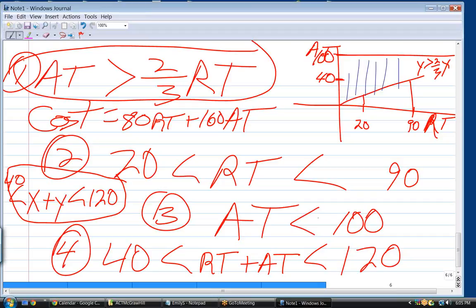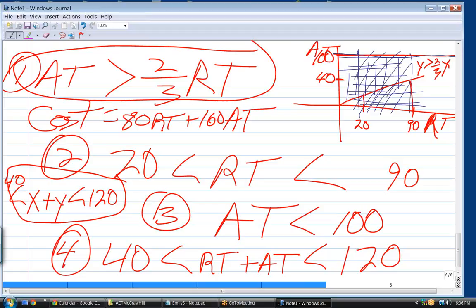Okay. If we go down, inequality number 3 is artificial trees have to be less than 100. Well, here's the 100 line, and it has to be less, so it's in this area. Okay. The second one says real trees have to be between 20 and 90, so that would be that area, going all the way up.